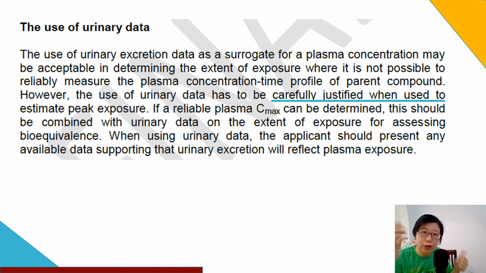Unless you really need to go to the urinary data, you have to be carefully justified, and you have to estimate the peak exposure, which will be a little bit more tricky. Again, there are other factors that come in, such as your urinary function, how fast a person produces urine excretion, so the renal profile and things will come in as well, so it'll be more complex. So again, this is our very last resort.